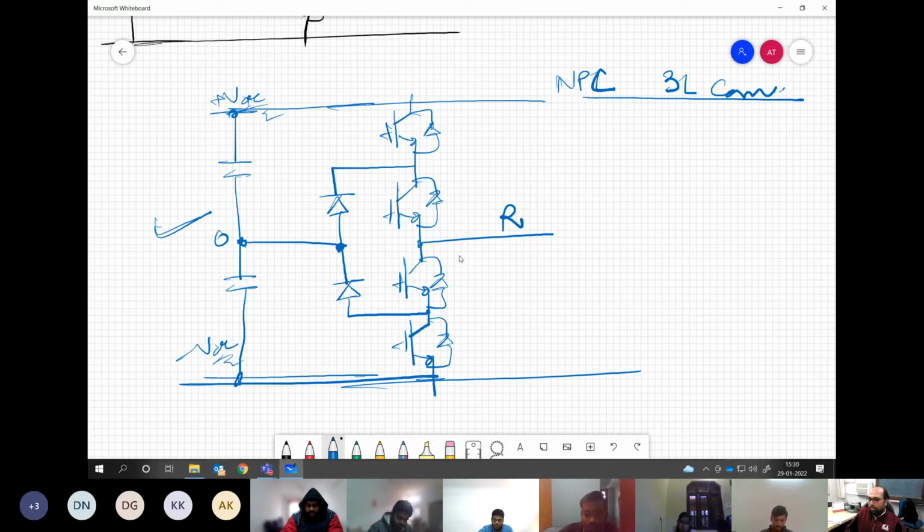You understand the point? Now when we have this understanding, we can go for higher levels, say 4 level, 5 level, 6 level, anything. And these levels can be divided by this capacitor bank, by what voltage drop you are having across these capacitors.